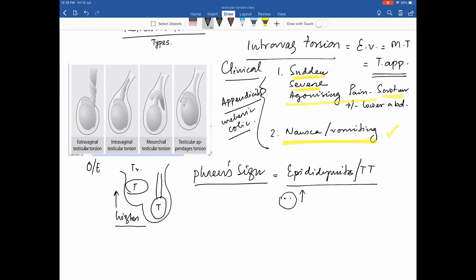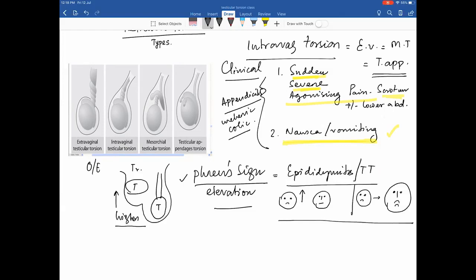That means if the patient has pain, elevating the scrotum decreases the pain a bit. In a testicular torsion, the higher you lift it, the more pain the patient gets, seen on elevation of the testis. There are other signs of concern, but this sign is an important thing asked in MCQs as well as your MBBS classes.